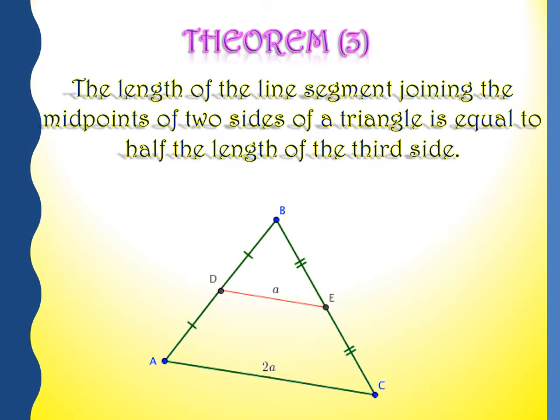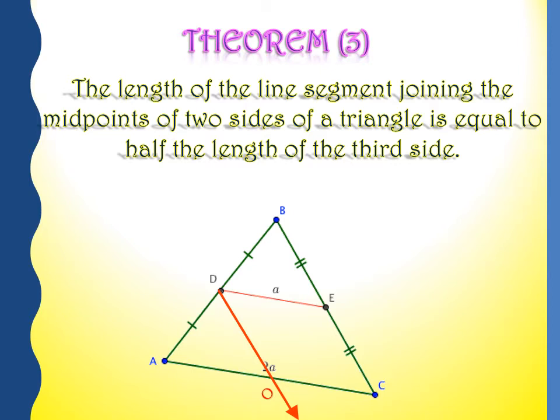Theorem 3. The length of the line segment joining the midpoints of two sides of a triangle is equal to half the length of the third side. And about the proof of the theorem, we can say that this line segment is parallel to the third side from the previous theorem. We can draw a construction ray from point D as shown in the figure parallel to the opposite side.